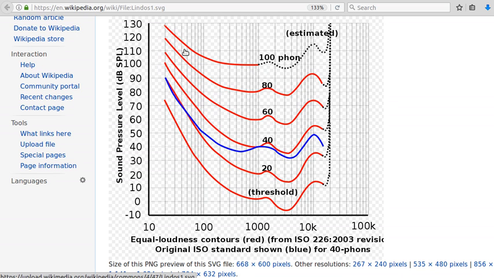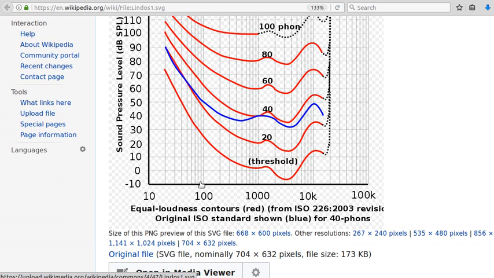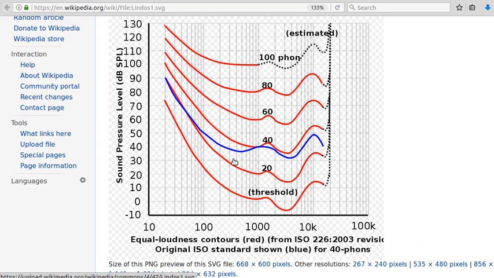This curve is the equal loudness contour from the ISO, International Standard Organization. It shows the difference between human and machine in acoustic sensitivity.